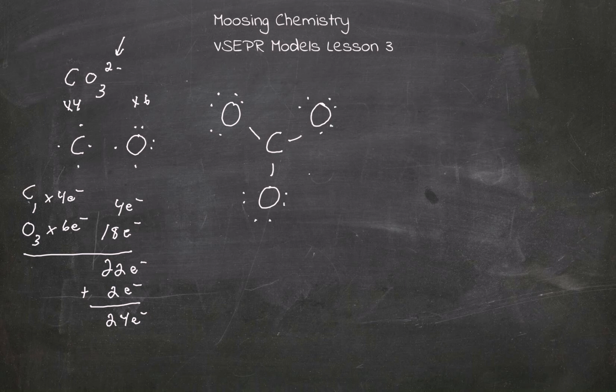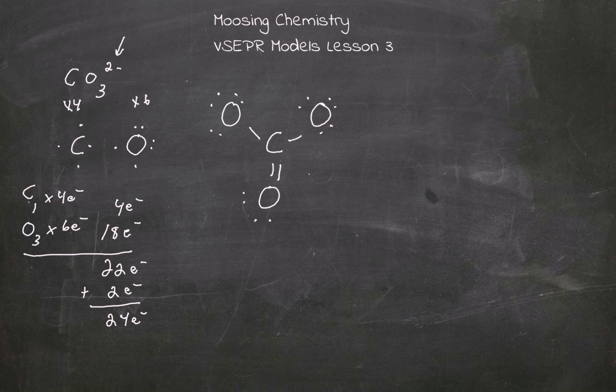This looks okay except for one problem. Carbon needs an octet. So how are we going to make an octet for carbon? Well, we're going to take 2 electrons from right here. I could have taken them from anywhere, but I just chose those. So I make that a double bond. Now, we still have 24 electrons, and now carbon has an octet also.